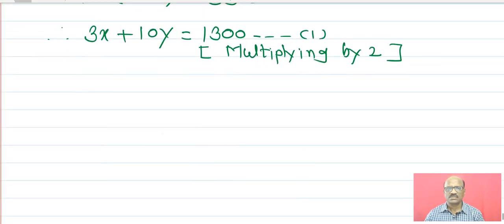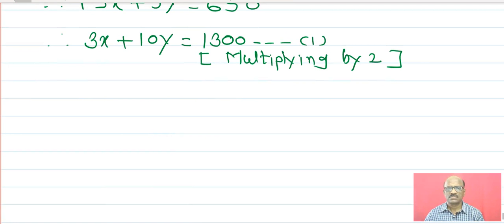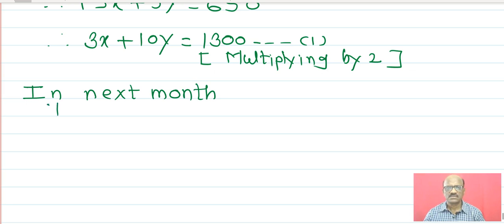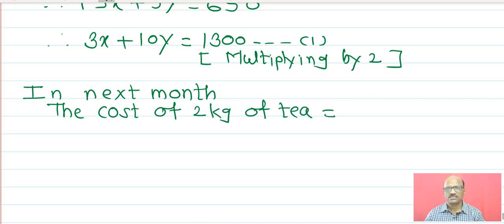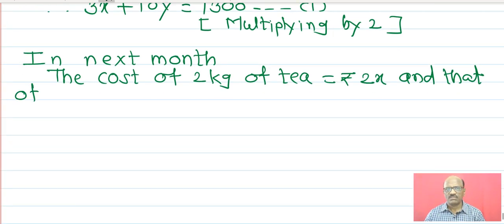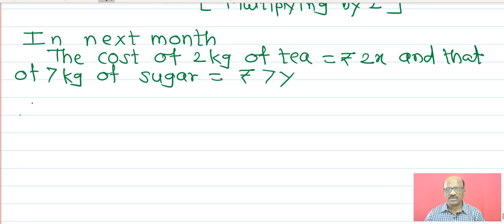Next, in next month, the cost of 2 kg tea is equal to rupees 2x, and that of the cost of 7 kg of sugar is 7y.